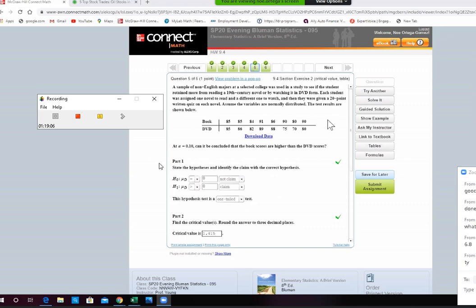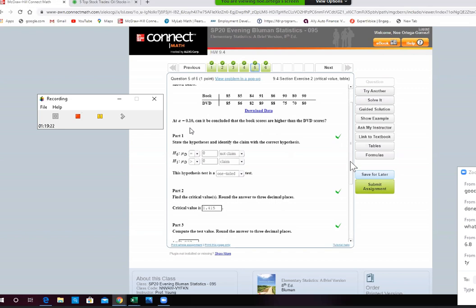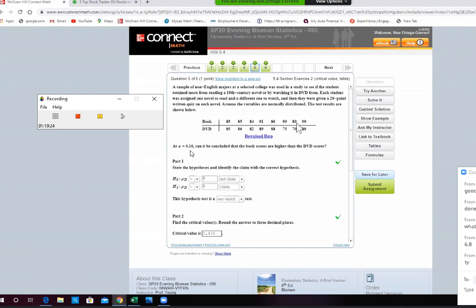Because here it is, it gives you right here, the alpha's 0.01, 0.10. Okay, I didn't see, sorry. Let me show you. It's right above the word Part 1. See the word Part 1? Oh, okay, I see it now. Yeah, they're being sneaky, slipping it in there.